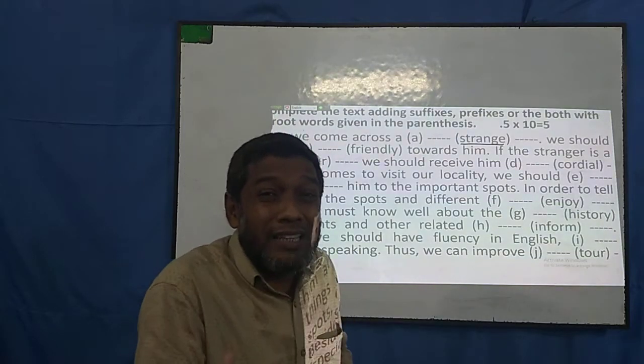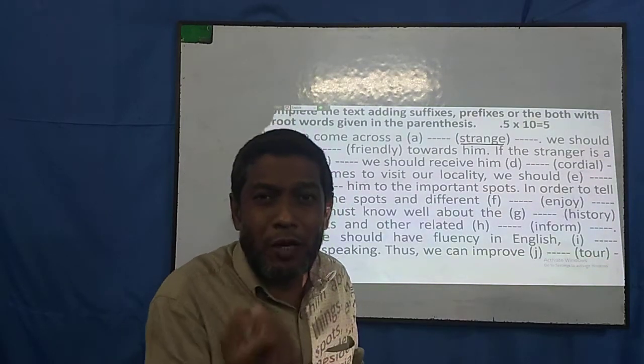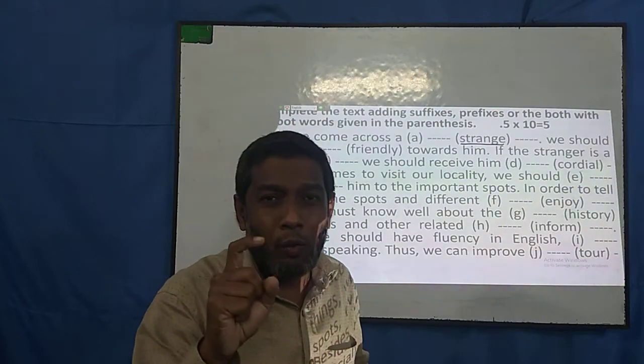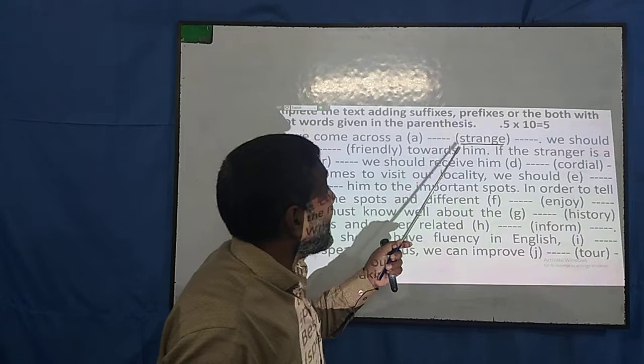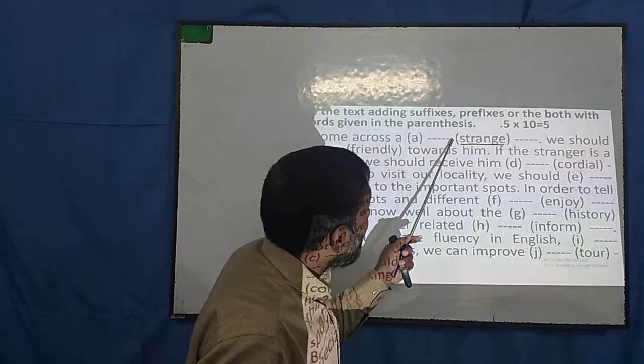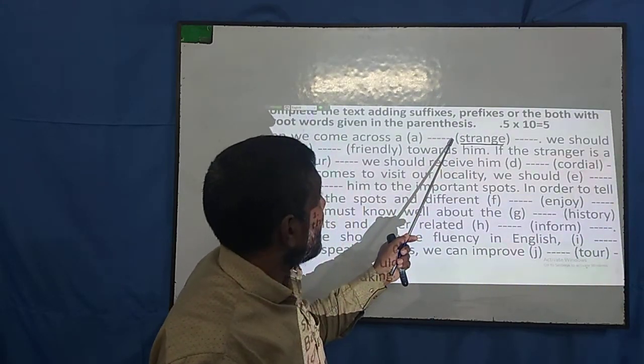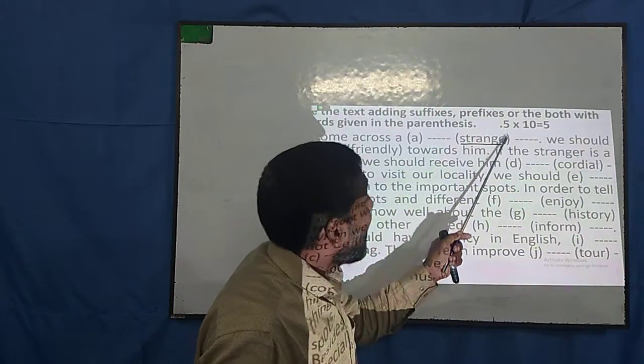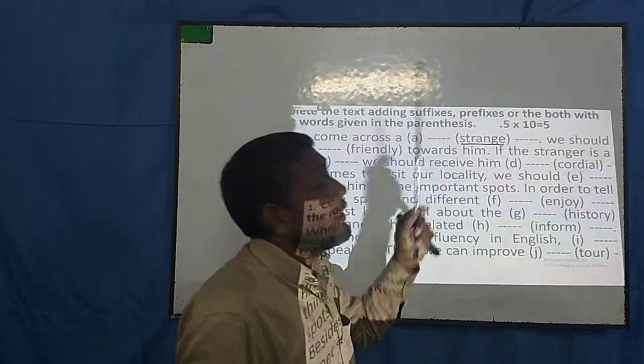And what are particles? This is the smallest part of a word which has no meaning of its own. The particles used before any root word are called prefixes. If the particles are used after any root word, they are called suffixes.